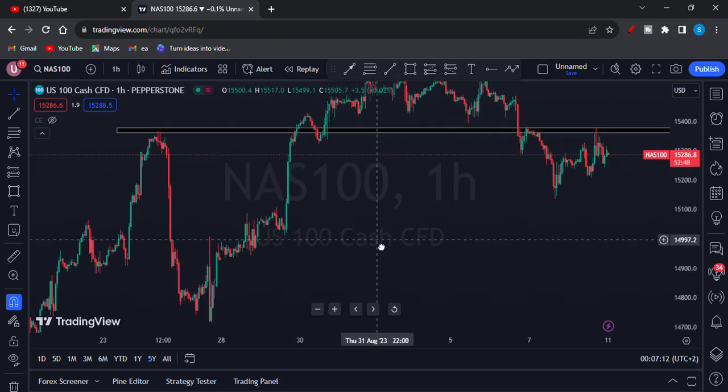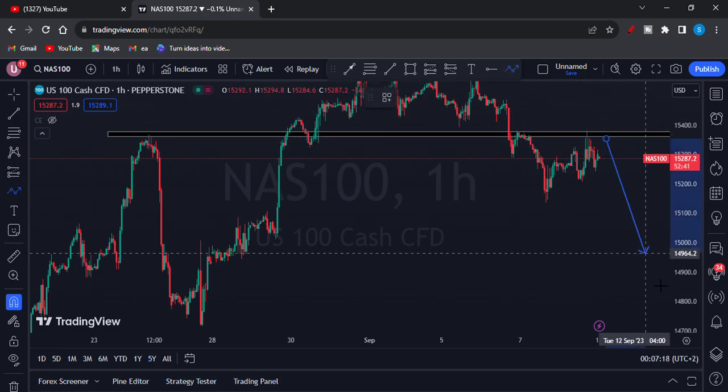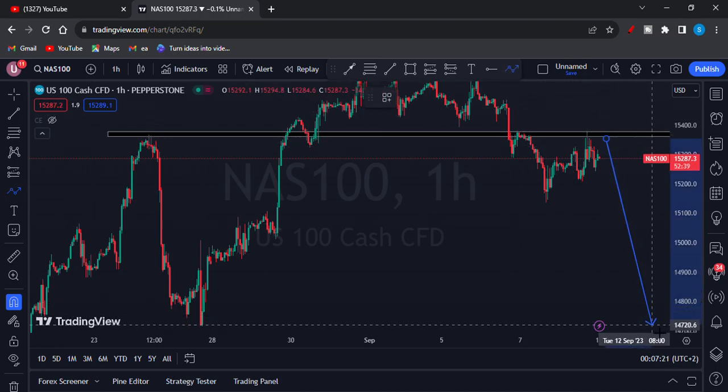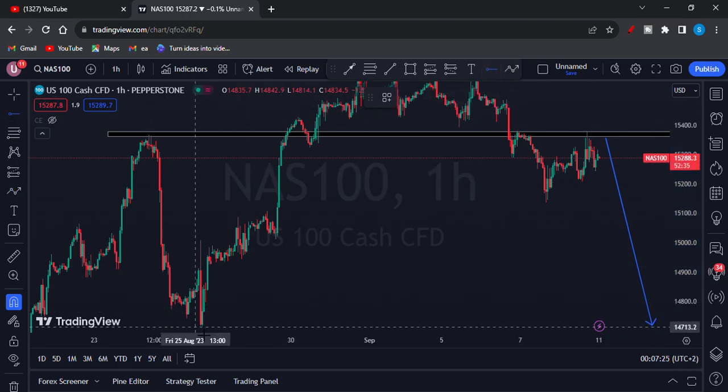On an hourly, seems like we're having a retest. So it's possible that the market can push to the downside, potentially up to there.